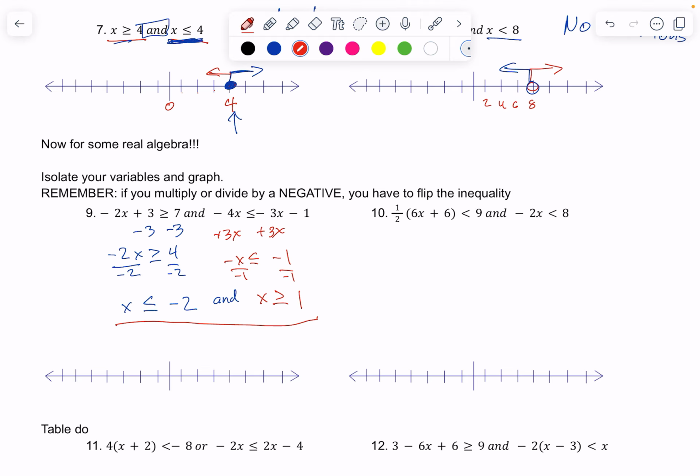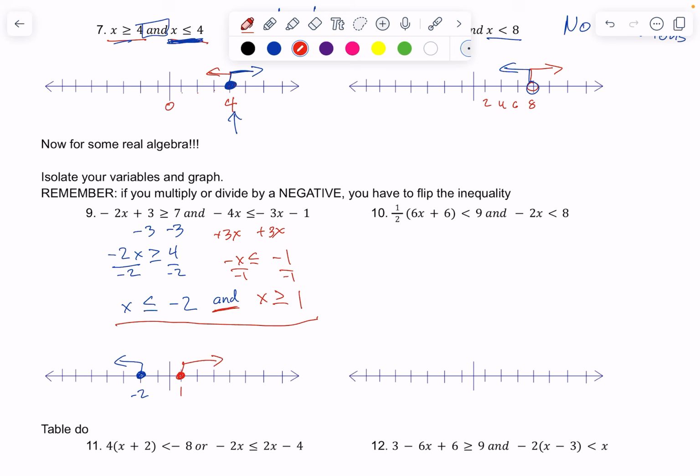Let's see what actually comes from it. On the blue side, I have negative 2 right here. This is an inclusive circle. This is less than, so we're going to go this way. And this is a 1, I'll use red so I can keep consistent, 1, this is closed, and it's going to be greater than, this direction.